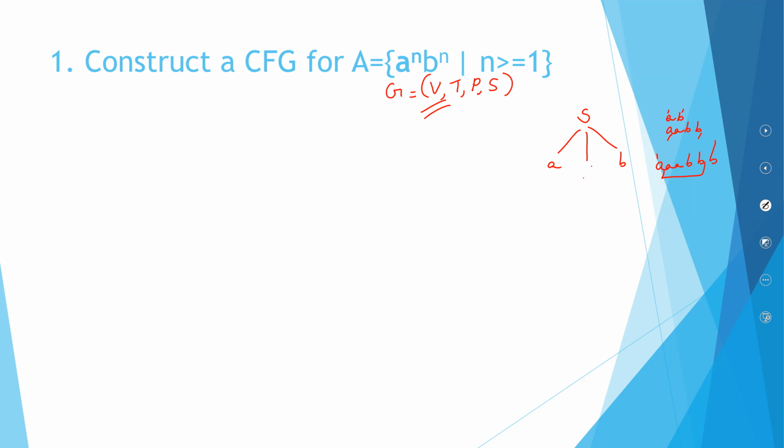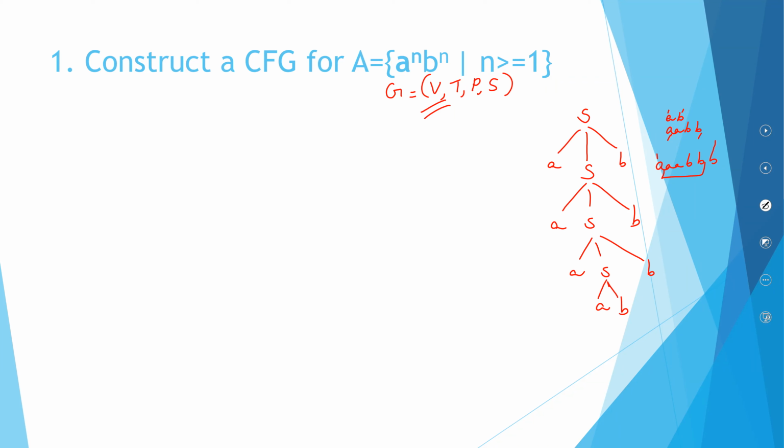So this is how the parse tree will look like. And if you are planning to end it, you can end it with AB.